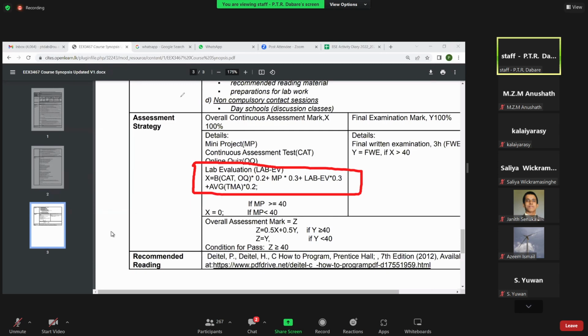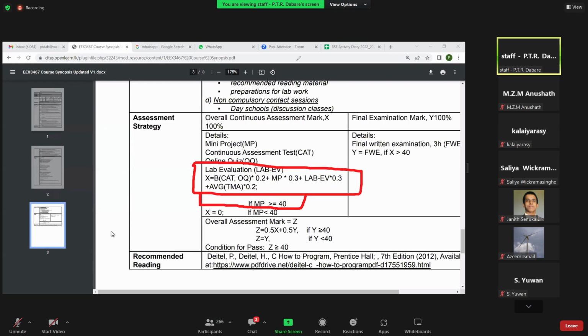If you don't do it very well, obviously you will repeat the course. But if you do all the components properly, you can get the eligibility or the continuous assessment mark of more than 40. However, your mini project should be greater than or equal to 40.